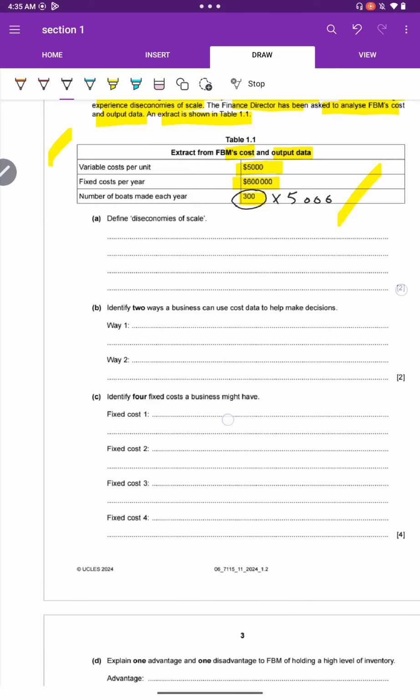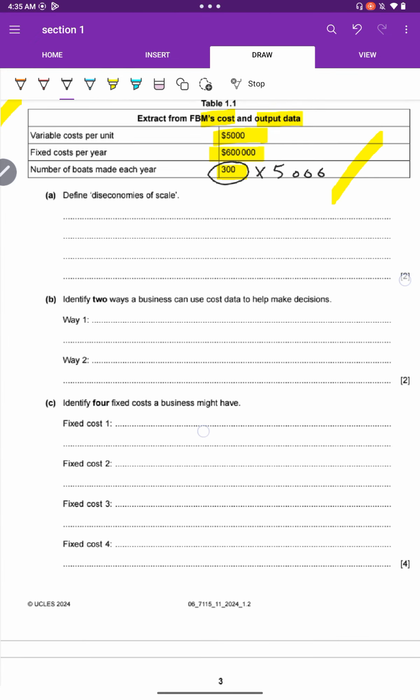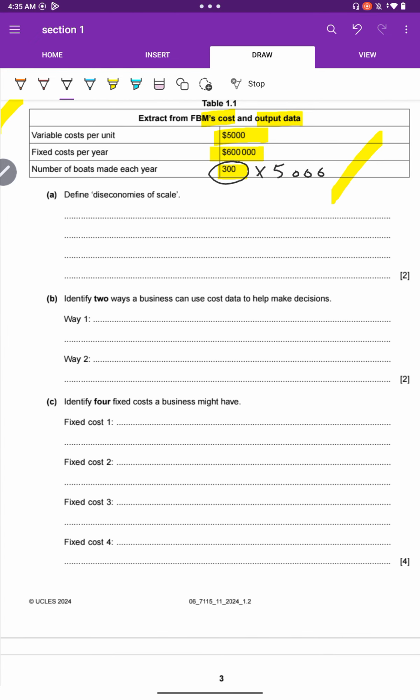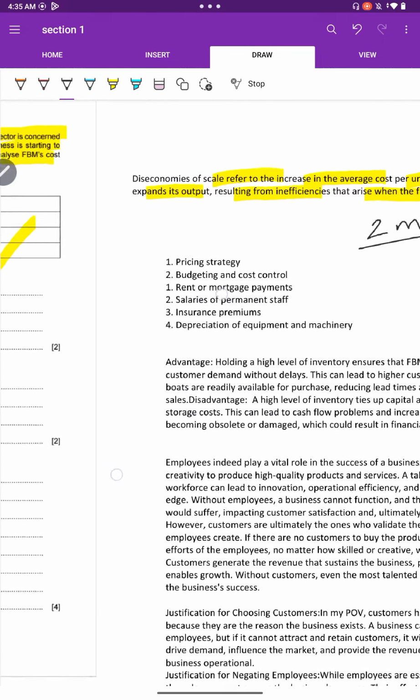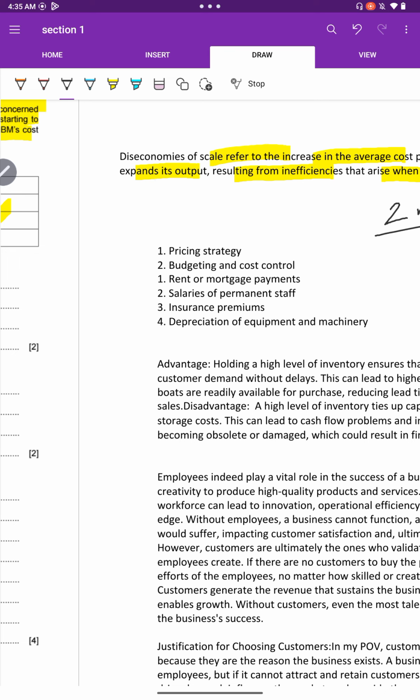The next question is: identify two ways a business can use cost data to help make decisions. How can we use cost data? The first one is when we are deciding the prices. If you have ever heard about cost plus pricing, this is a pricing method.